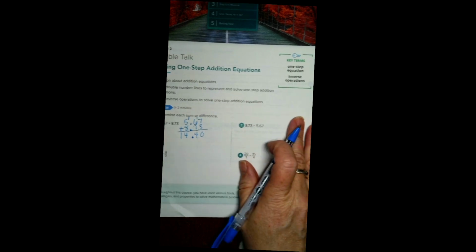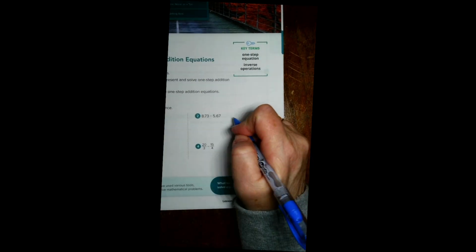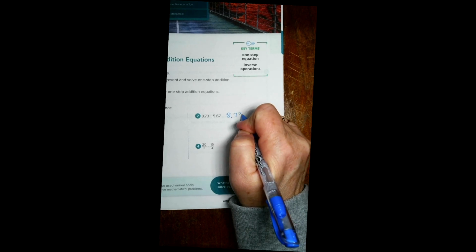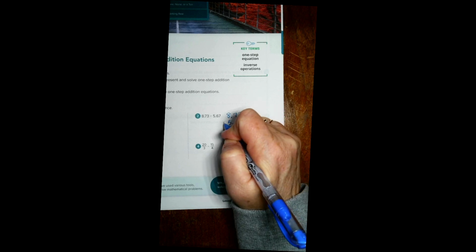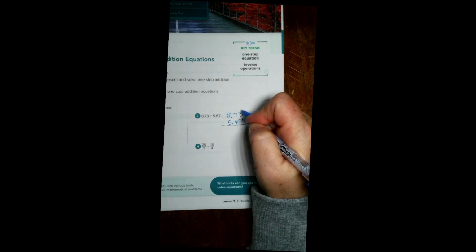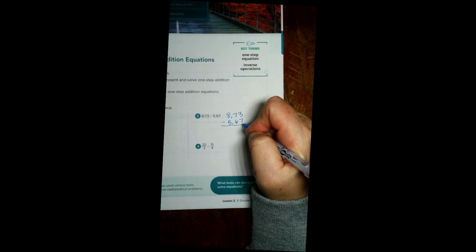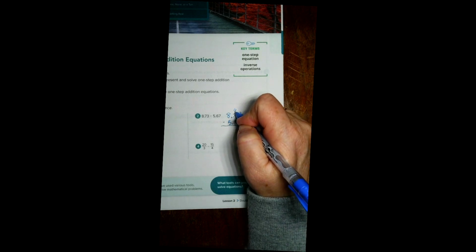Okay, excellent. And now we have the subtraction: 8 and 73/100ths minus 5 and 67/100ths. We can't do 3 minus 7, and you can't just go backwards, 7 minus 3. You have to regroup, so that 3 is a 13.